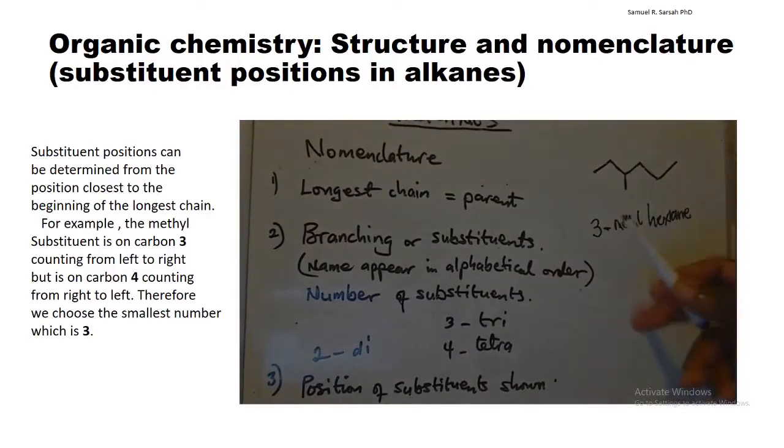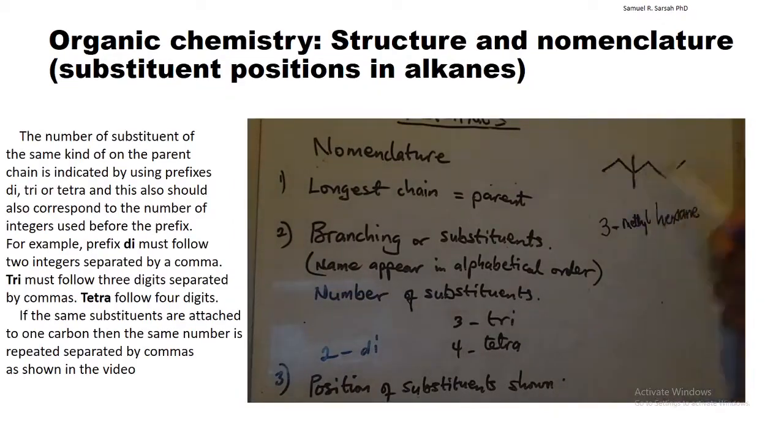So the proper name for this is methylhexane. Now you'll notice that if you count from 1, 2, 3, 4, this will be 4-methylhexane, but we want the smallest number for the substituents. So you have to count from here, 1, 2, 3, 4, 5, 6, and then the number 3 position will be the methyl group, for the smallest number for the substituent.